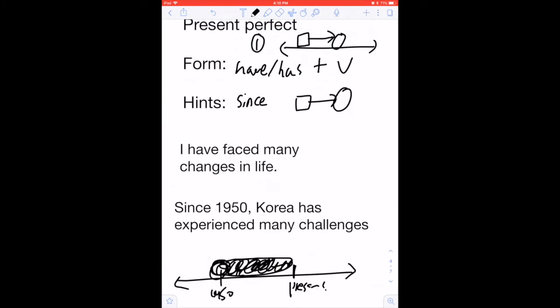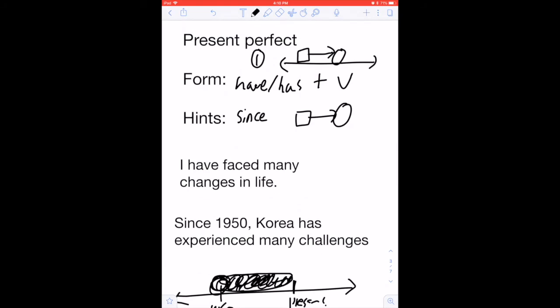Another example is, I have faced many changes in life. So in this case, it didn't really specifically say the definite time. The previous one said since 1950, but this one doesn't justify the time, but it's okay. The second definition of present perfect is an action that happened at a time that is not definitely stated.